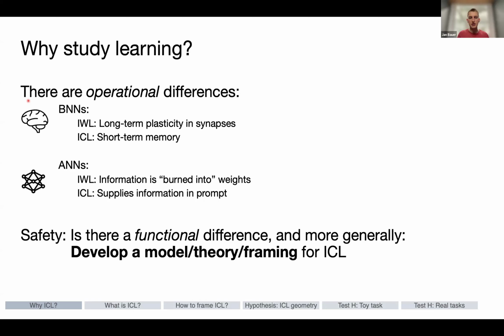For example, in BNNs, that is biological neural networks, or the brain, there's long-term synaptic plasticity, which kicks in, for example, if you're learning a new language. You tweak your synaptic connectivities, not very much in a conscious manner, over the course of weeks or months, and in the end have a differently configured connectome.